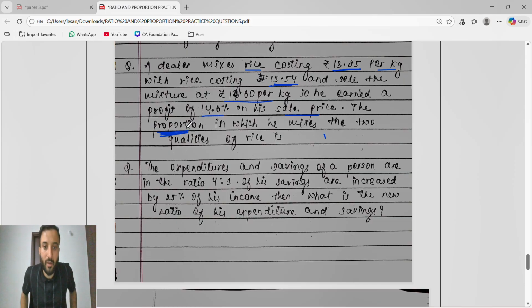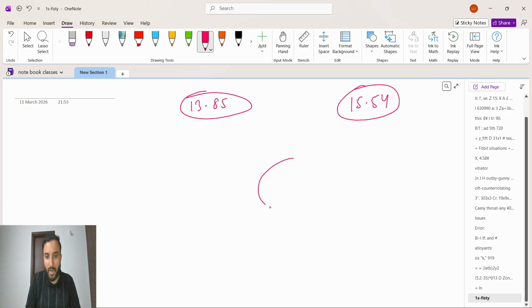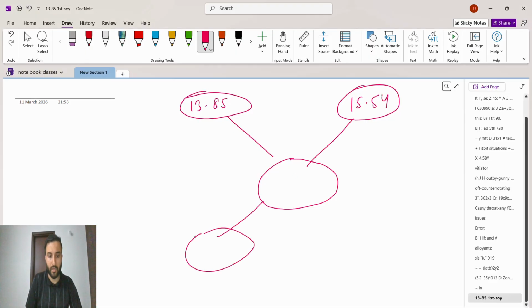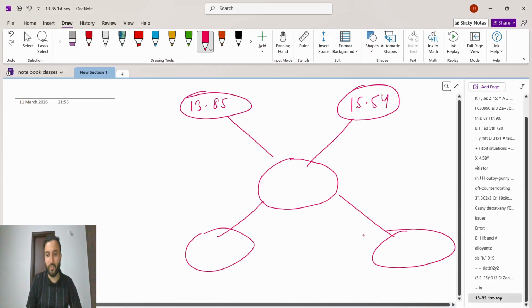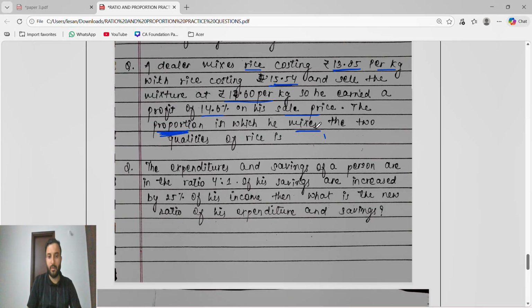So this sum in proportion is the only type where they give the cost of one quantity mixed with the cost of another quantity, and they give the mixture value, and you have to check in which proportion they are mixed. This is the concept you have to keep in your mind.